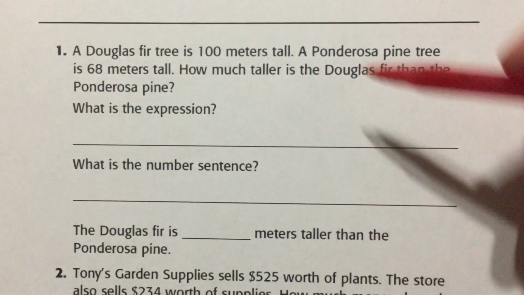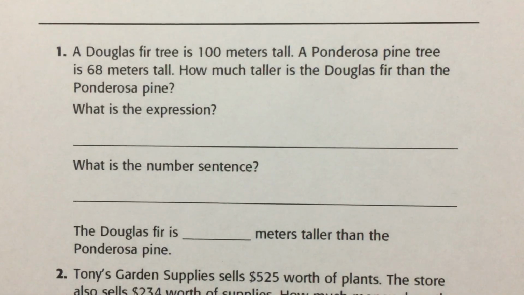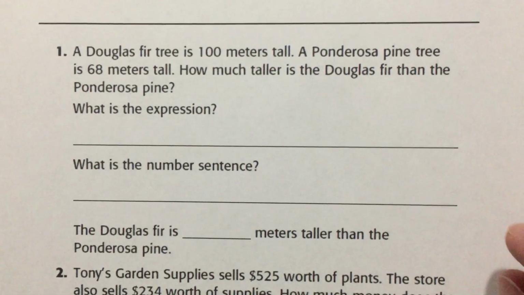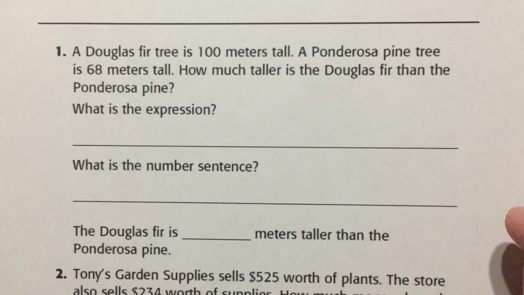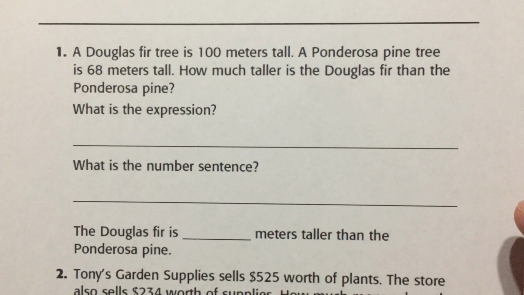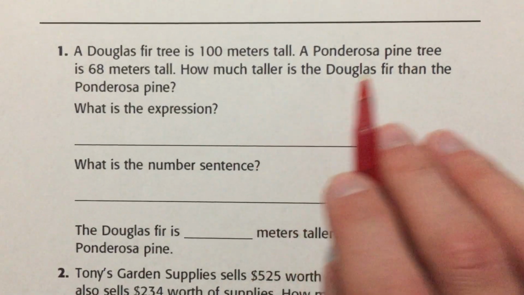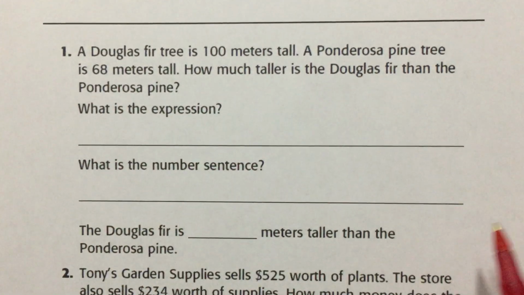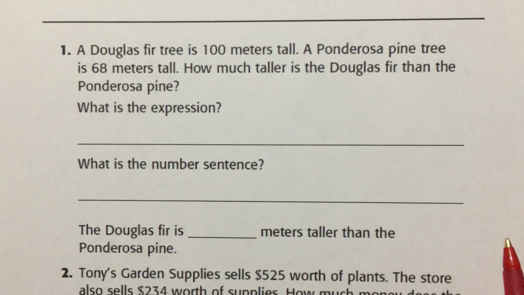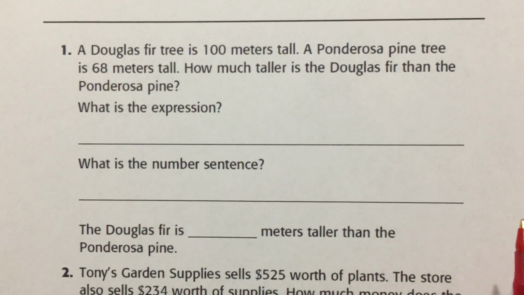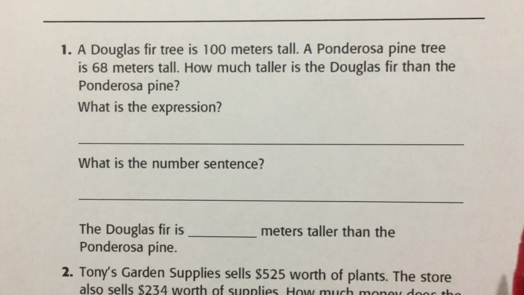Number one, a Douglas fir tree, this type of fir tree, is 100 meters tall. A ponderosa pine tree is 68 meters tall. So how much taller is the Douglas fir than the ponderosa pine? So we are trying to find the difference between the two trees.